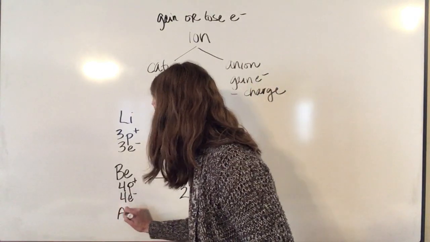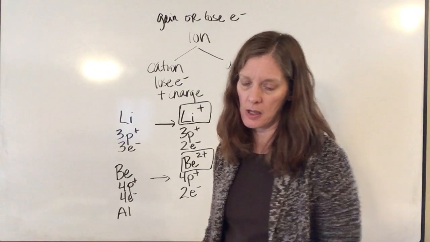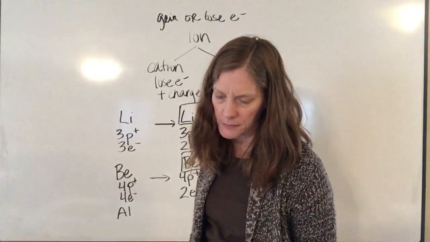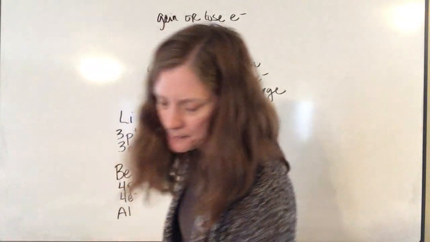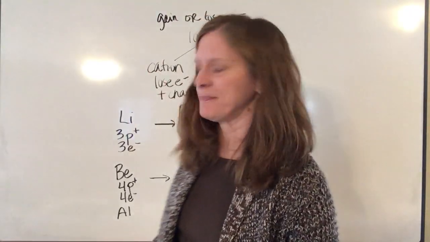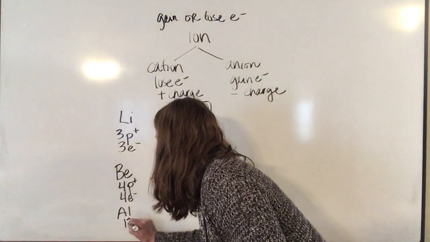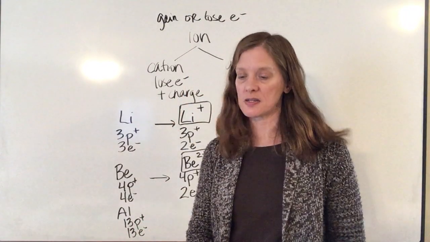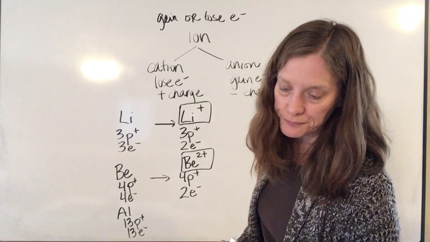Okay. One more example of cations. Let's look at aluminum. Aluminum has an atomic number of 13. So it has 13 protons and 13 electrons if it is neutral.